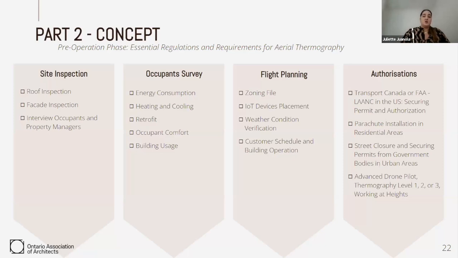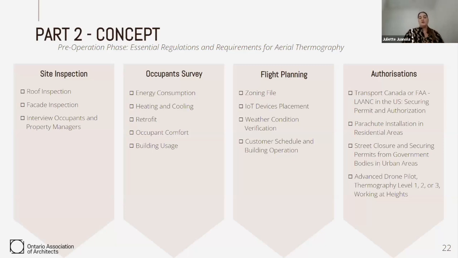Then it involves the occupants' comfort, how they feel inside the building. Do they feel cold in the winter? Did they notice any signs of moisture anywhere? This will give the insight to understand the building usage a bit more. So this is one part of the pre-operation phase.